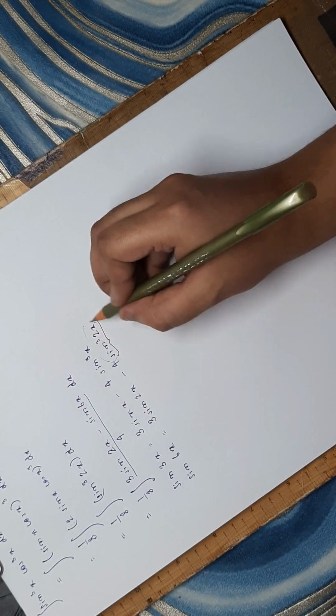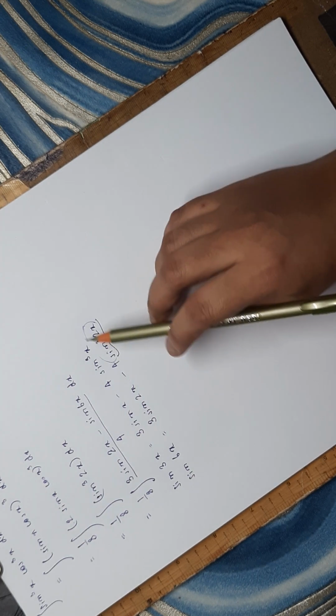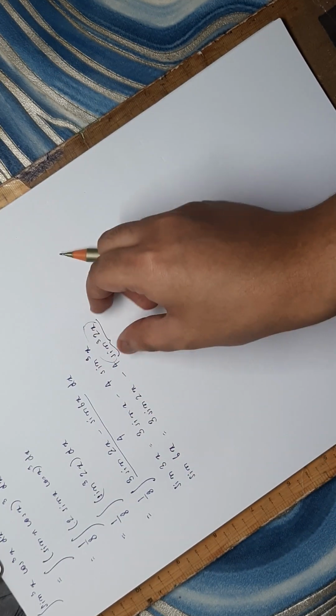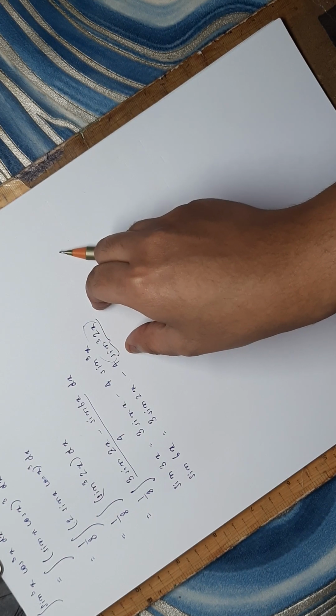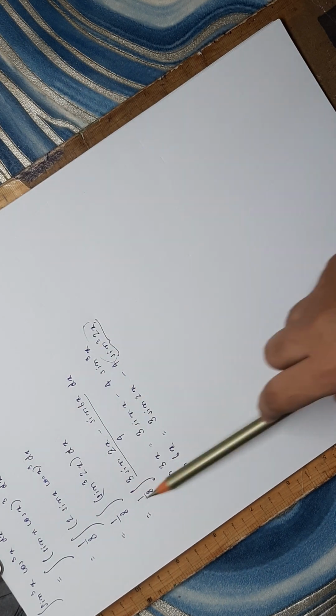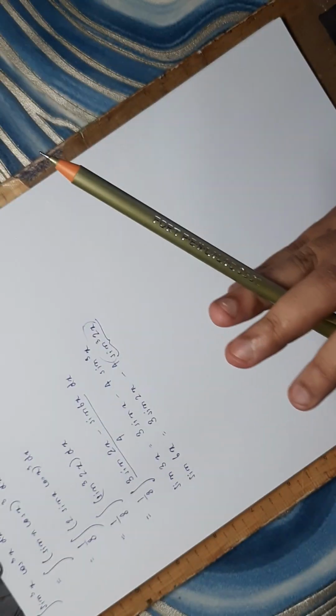Sine cube 2x is what we need. So what we will do? Simply we will bring this whole thing here. So we get 3 sine 2x minus sine 6x divided by 4. This is what we actually got here. I hope this is extremely clear to you.